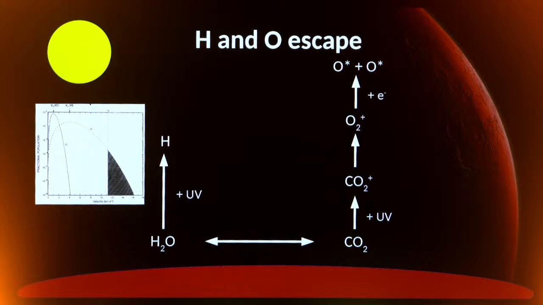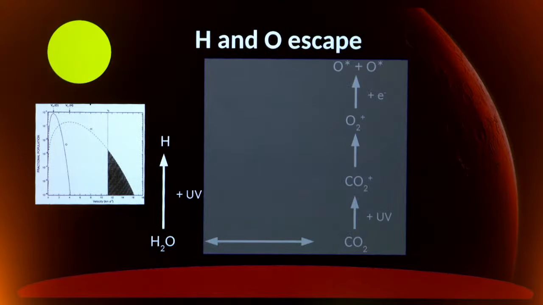The net result for escape is that in the long term, in a steady state, there is a link between the number of hydrogen atoms that escape and the number of oxygen atoms that escape. In this work, we have focused only on hydrogen escape, but it will be important to keep in mind this balance between hydrogen and oxygen escape at the end.